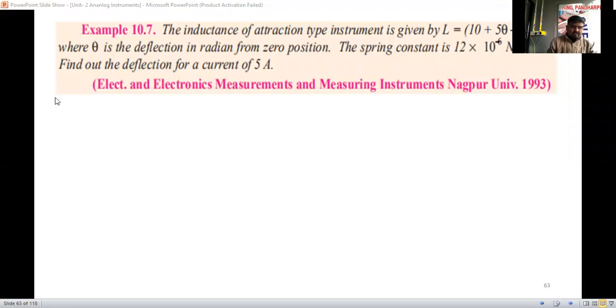So once again, I will write the given data.